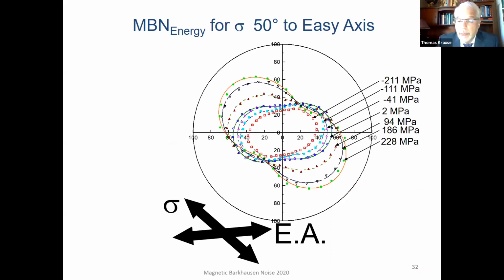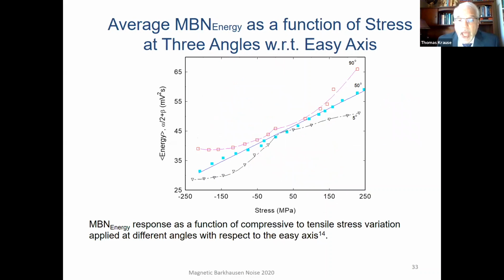And in fact, if I plot the peak amplitudes as a function of stress for the tensile and compressive stress condition relative to the easy axis direction, I do in fact see that I can still add more 180-degree domain walls in magnetic objects or grains where there aren't as many, fewer when I'm aligned with the applied stress direction, but I get a big effect from compressive stress. And at 45 degrees, we get a nice linear variation, which is just the average of the two.